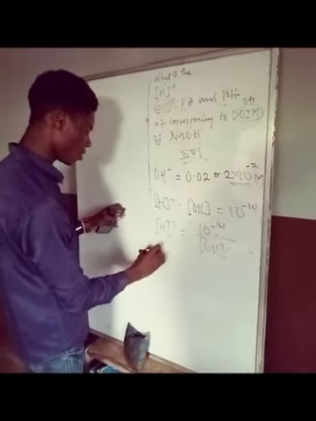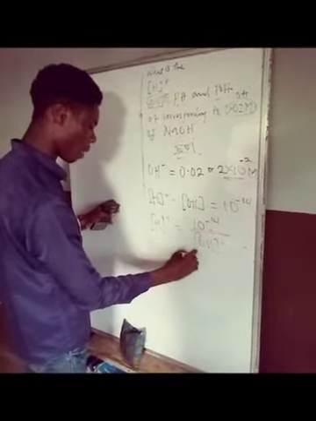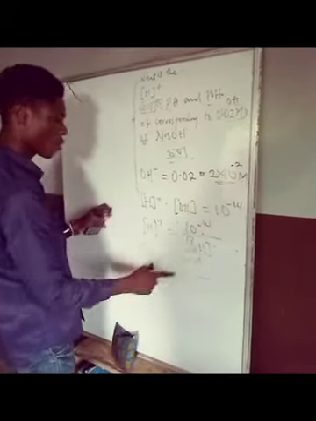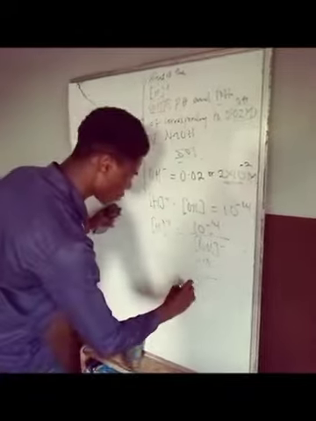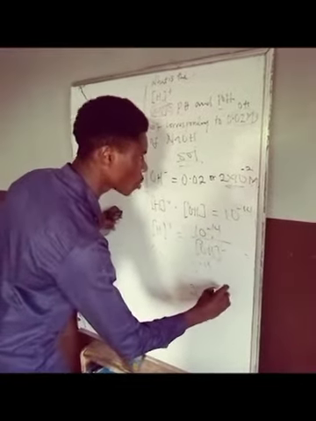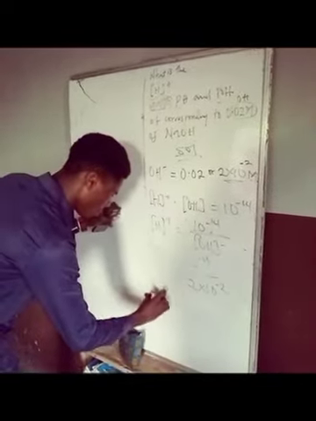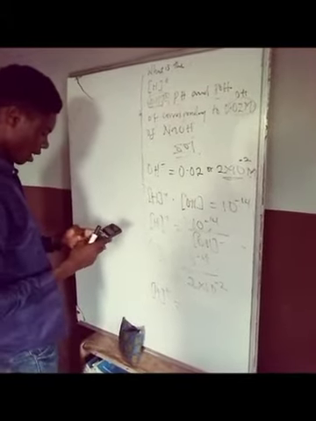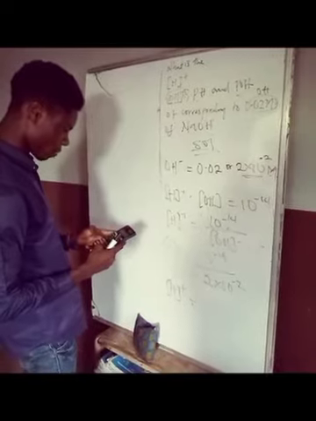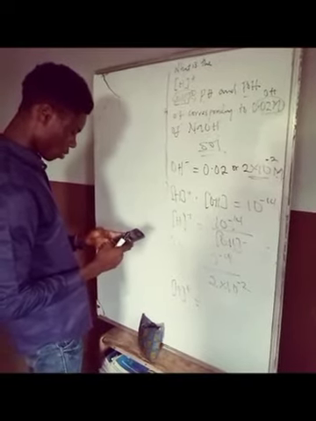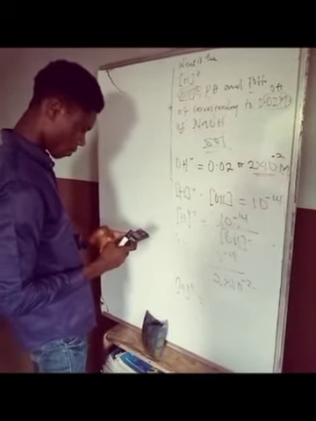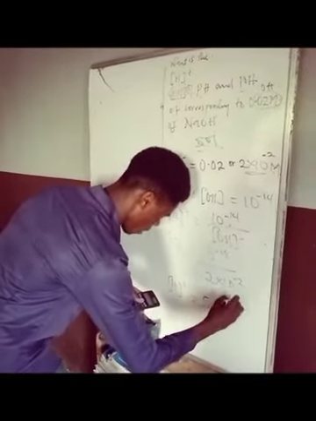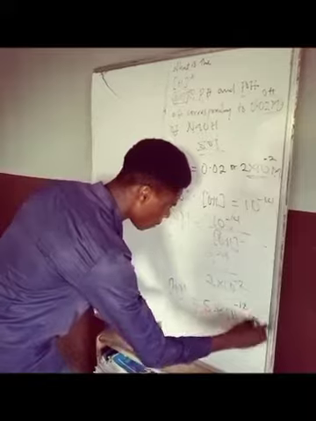What is our hydroxyl? We have 2 times 10 raised to power minus 2. So hydrogen ion equals 10 to the minus 14 divided by 2 times 10 to the minus 2. We have 5 times 10 raised to power minus 12 molar.